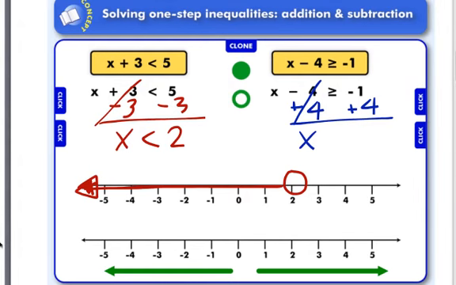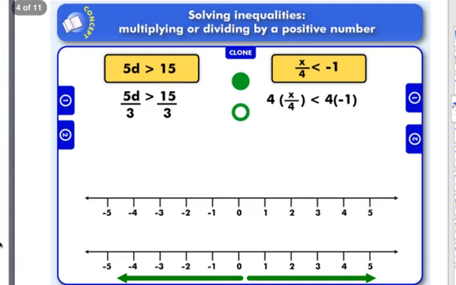And we've got x is greater than or equal to 3. All right, so 3 can be included in our solution set, so we want to use a closed circle, and we want to shade in everything that is greater than 3. So far, same as when we're solving equations. Let's look at a couple more examples.